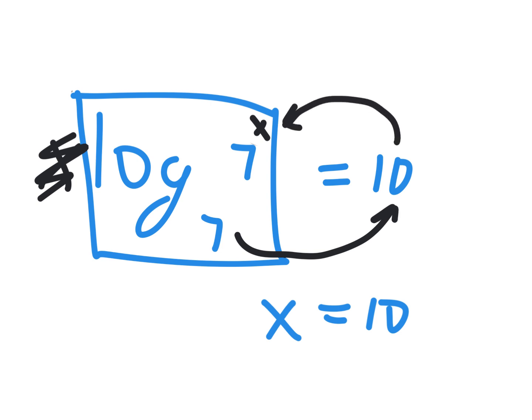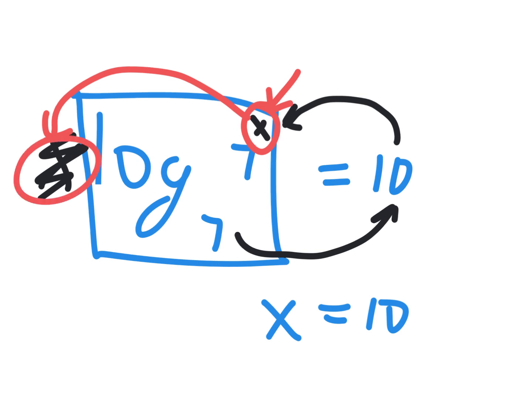Now, I'm not saying that this is a perfect solution that's so easy every time. It's just a truth that I can get this x to move down to the front, and sometimes that saves me time. You'll see in some of the problems for today. All right, so that's the first thing that's kind of mind-blowing, is that if it's a power on the argument, it can move to the front. You guys getting that? Yes?